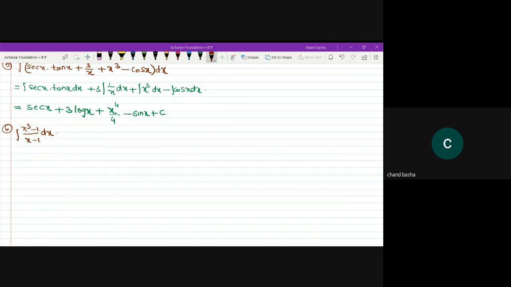Yes, very good. Rest of the guys, just think over it and try to identify how to get the required answer for this question. The question is not so difficult. You have to observe it and see which identity you are going to use.